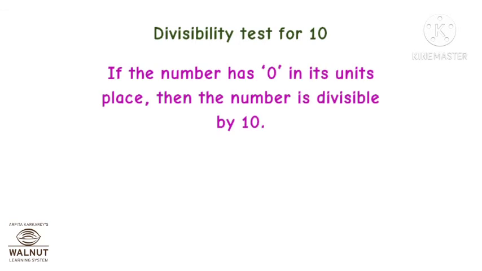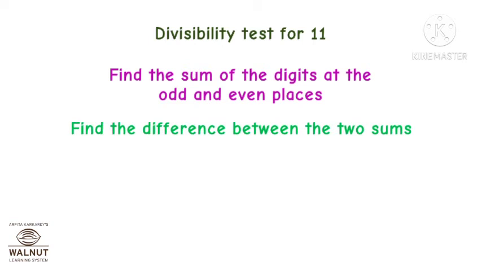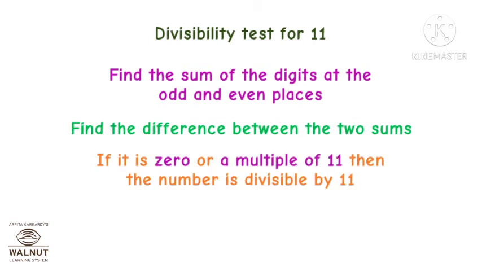If the number has 0 in its units place, then the number is divisible by 10. Divisibility test for 11. Find the sum of the digits at the odd and even places. Find the difference between the two sums. If it is 0 or a multiple of 11, then the number is divisible by 11.